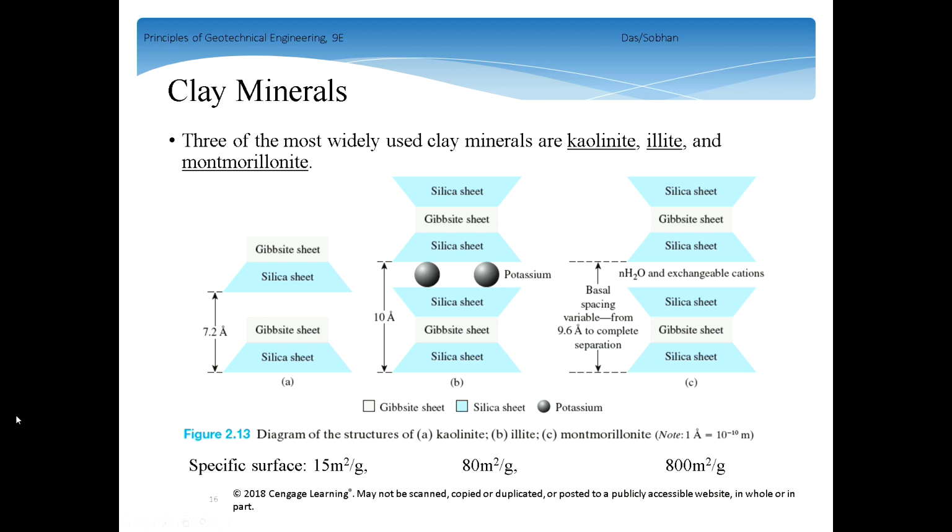This is why we mention specific surface in here. So just keep in mind that kaolinite has the least specific surface of these three clay minerals, and montmorillonite has the highest specific surface, about 800.